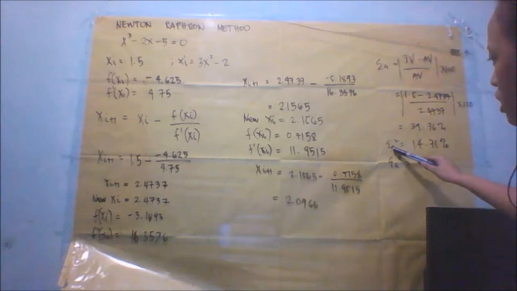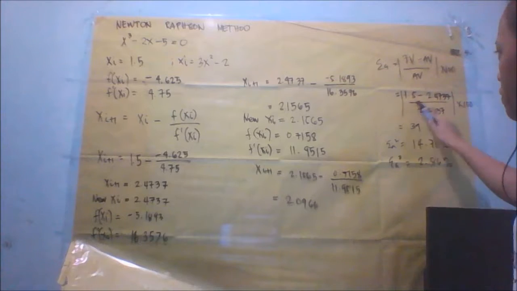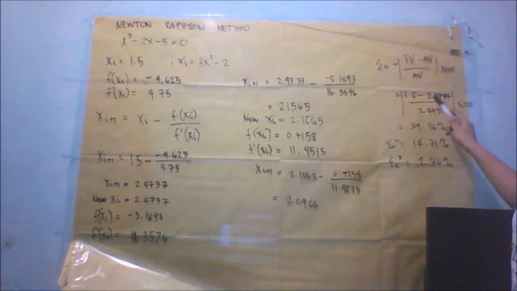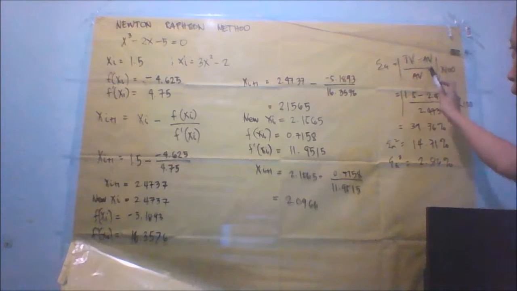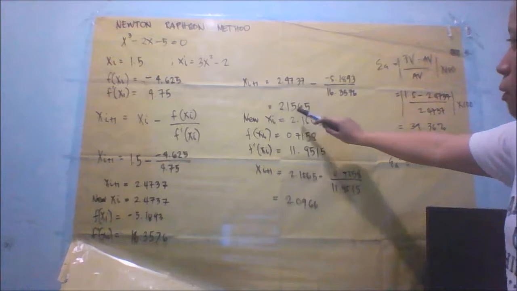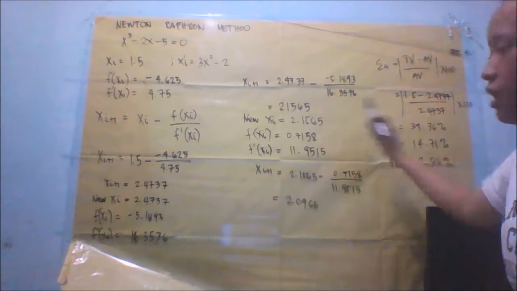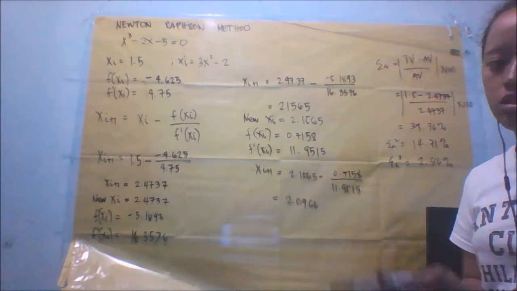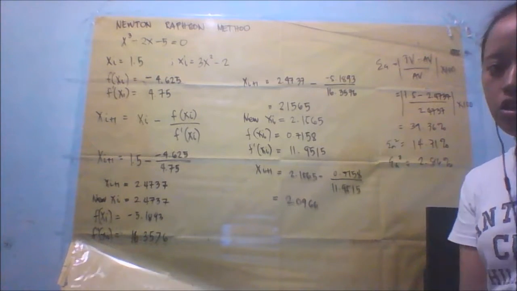Again, we will compute our next error. Substitute here our previous value, 2.4737, minus 2.1565 over 2.1565, times 100, is 14.71%. As you can see, our error becomes smaller.